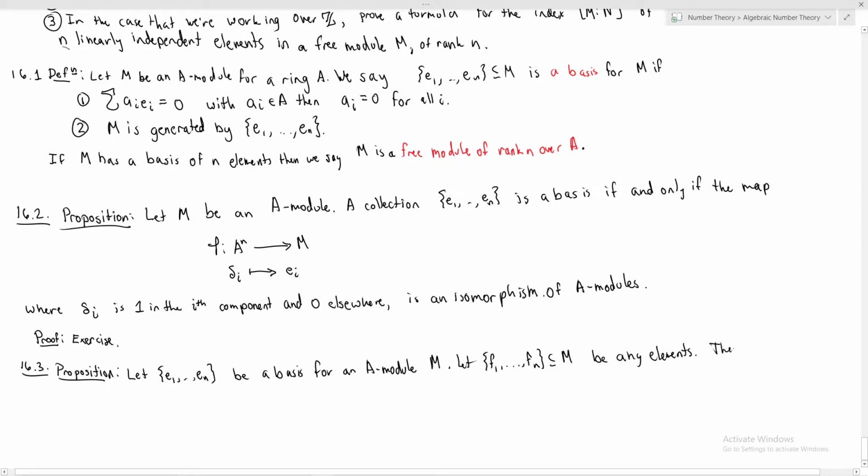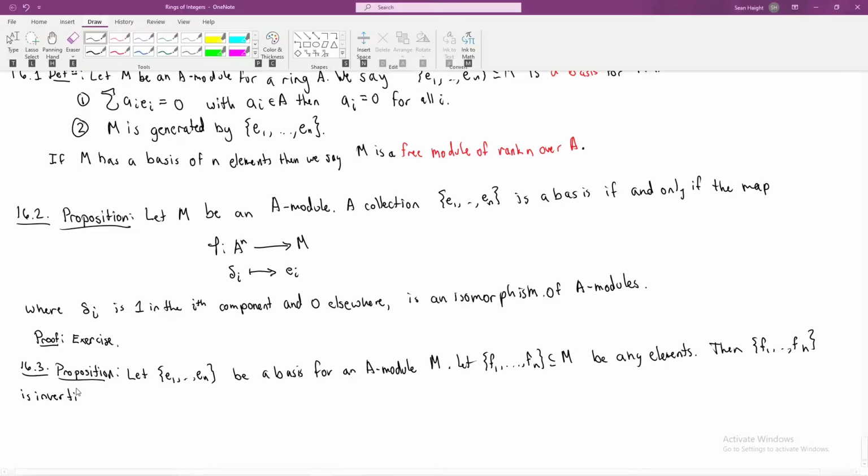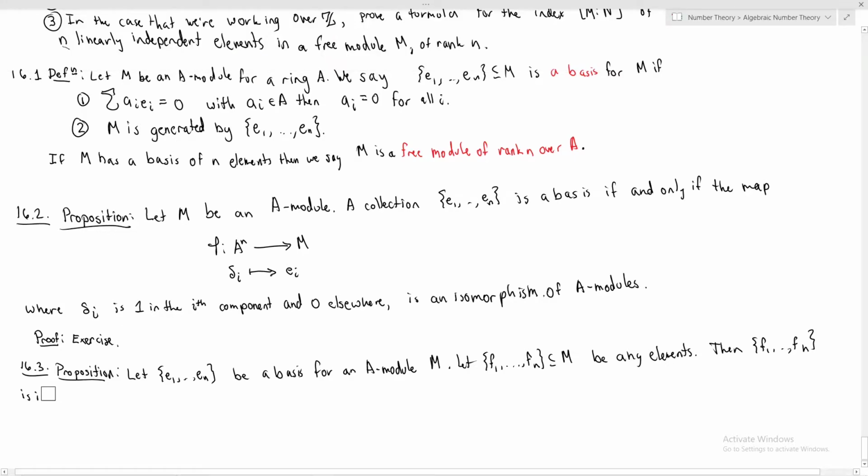Then f_1 through f_n is invertible if and only if, sorry, what am I saying here? I skipped a line. It doesn't make sense to ask this to be invertible.